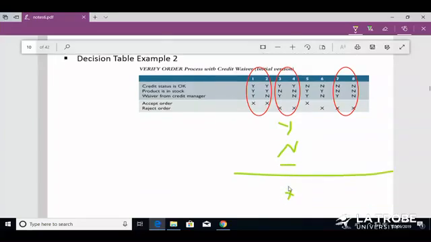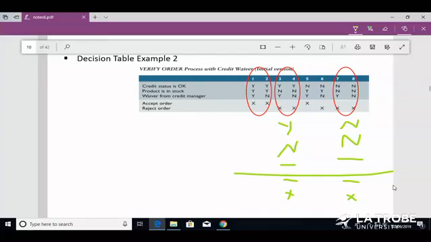And we still have the same outcome. Okay, this is for the first row. All right, so let's do this one as well. So the first condition is yes. The second condition, sorry, no. The second condition, no as well. The third one, yes, no. We need to replace that one with a dash. And we still have X as the outcome.